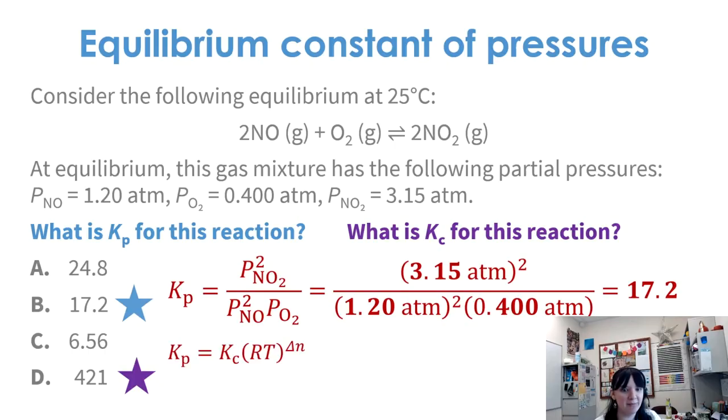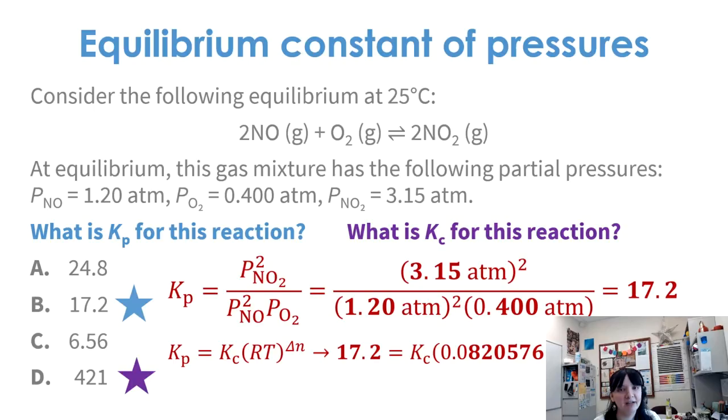Let's take a look at the math here. It's the same equation that we saw relating Kp and Kc, but now it's a little bit flipped, because before I was solving for Kp, and this time I need to solve for Kc itself. So I'm just going to algebraically place everything that I know into this equation and solve for my one unknown.